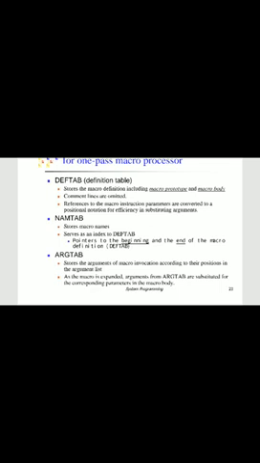Another thing to understand here: whatever parameters you provide on the macro prototype are considered positional notations. If it is the first argument, it is called question mark 1, then question 2, like that; all of those are treated as positional parameters. Now see, this definition table contains the macro prototype and the body of the macro.